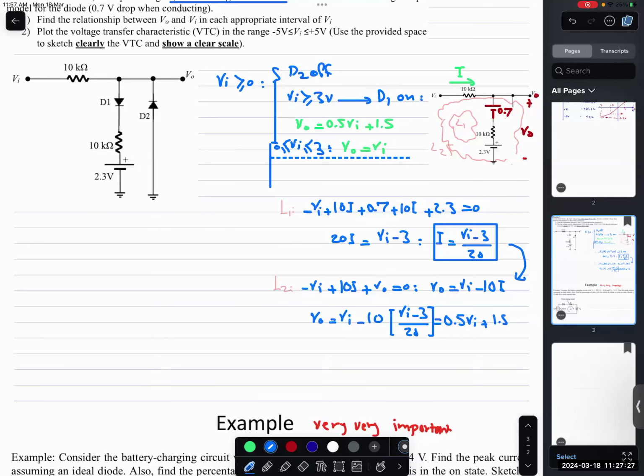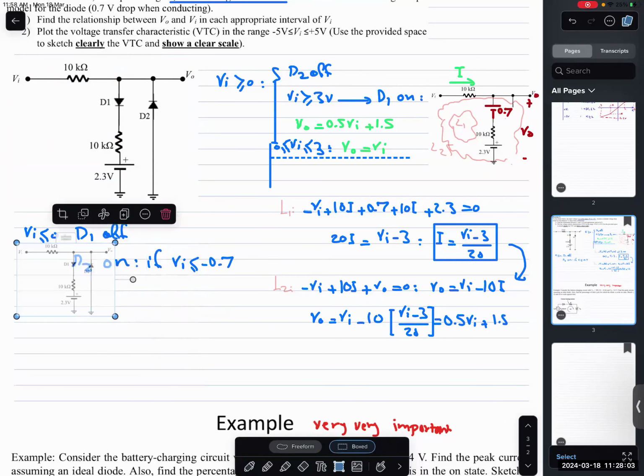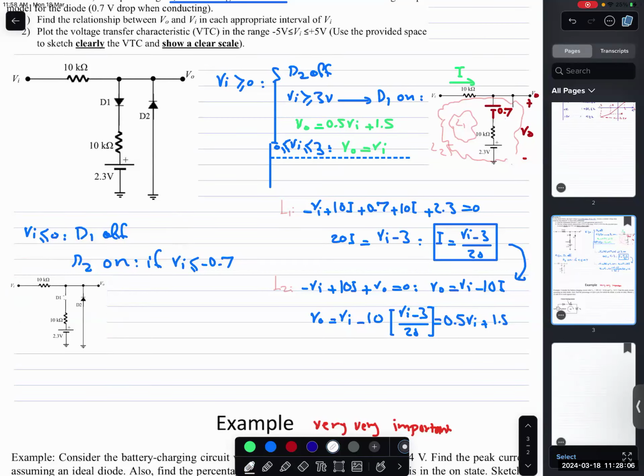But now when the Vi is negative, for sure D1 is off, because you put a negative voltage here, and the voltage at the anode is less than the voltage at the cathode. So D1 is off, but D2 will turn on if the Vi is less than minus 0.7. So now the circuit is the same, but D1 is off.